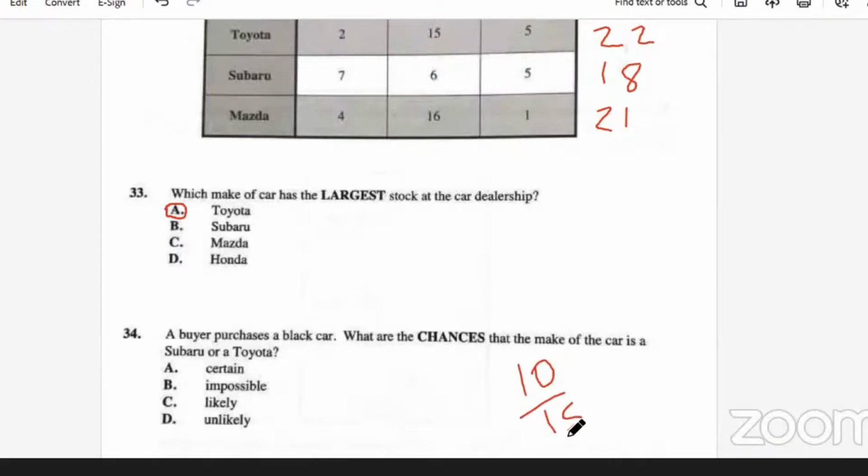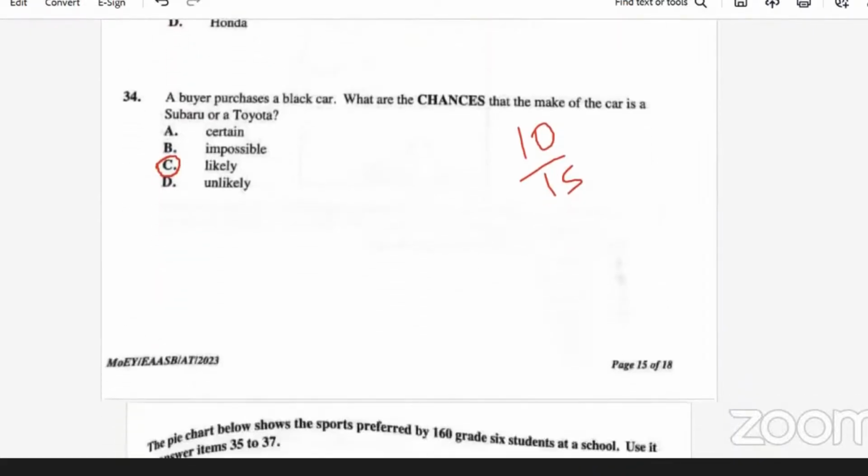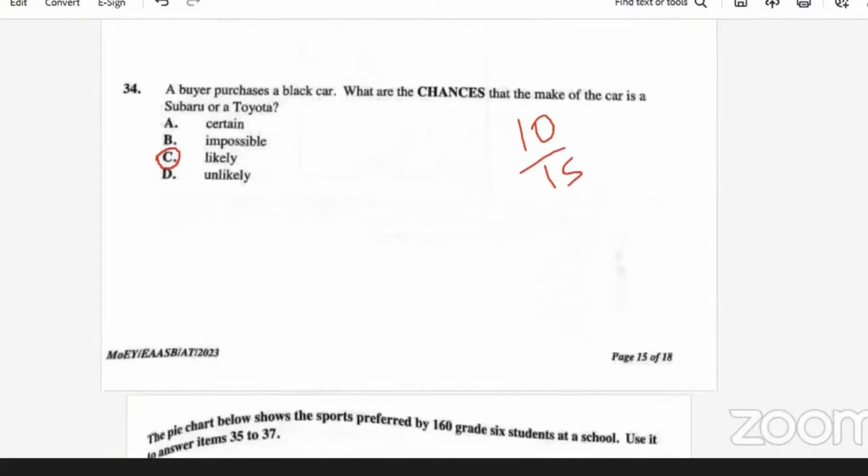So 10 out of 15 would be definitely, it wouldn't have been impossible. It wouldn't have been certain because, of course, there are other cars with less numbers, but there are other cars, and it's not unlikely. It would be likely because there are more, so it's likely you're going to pick one. Not impossible, not unlikely, not certain, but definitely likely. So for 34, the answer is C.